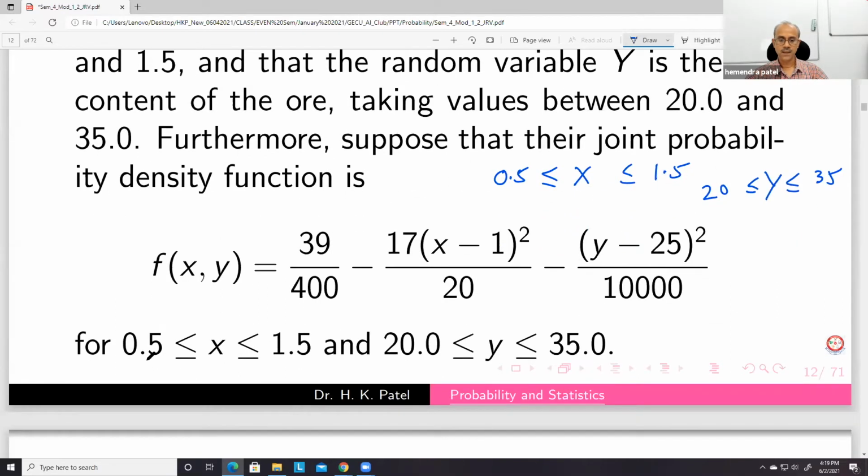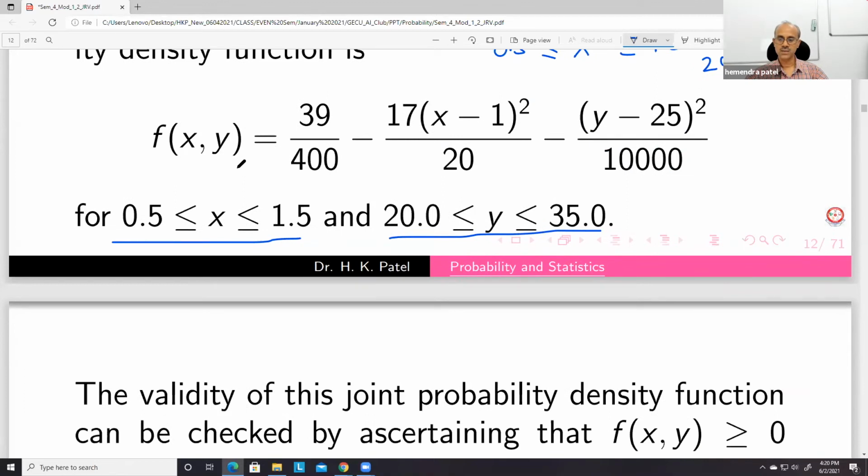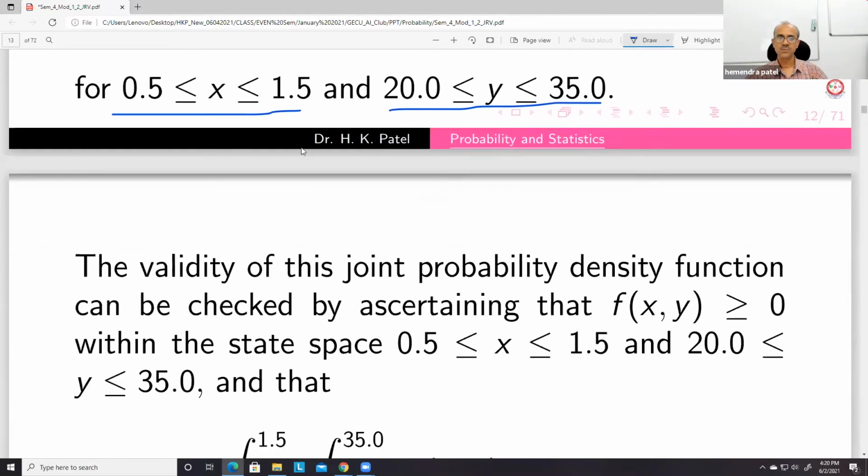Of course, we know that x lies between 0.5 and 1.5 and y lies between 20 and 35. So for this PDF, we can check this is actually a PDF. How? You can see that these numbers are always greater than or equal to 0. That we can check for this region.